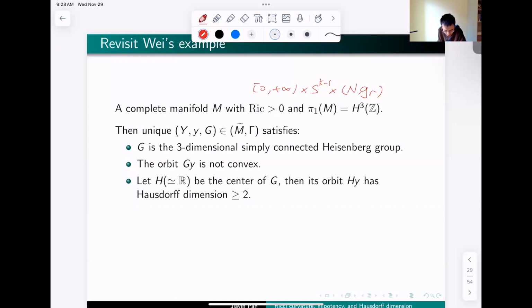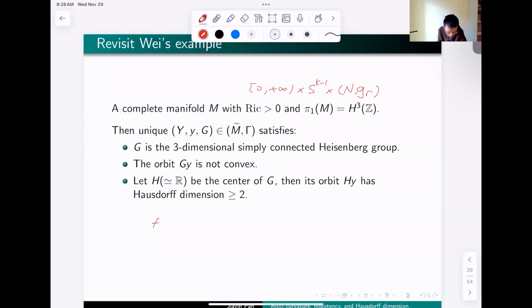So it turns out that this capital G is the three-dimensional simply connected Heisenberg group, and the orbit is always not convex. Also, if you take the center of G, this H, which is like the matrices with 1, 1, 1 on the diagonal and c in R, inside G, where G is the Heisenberg 3 group.